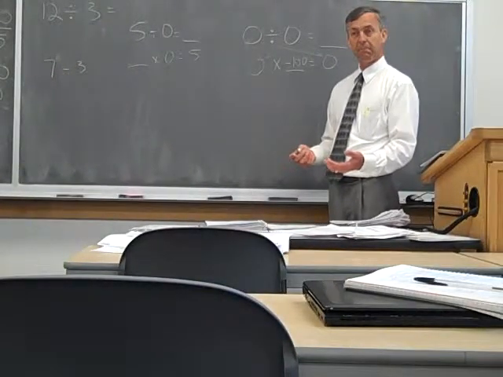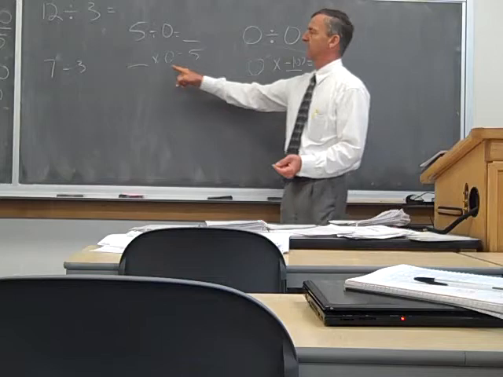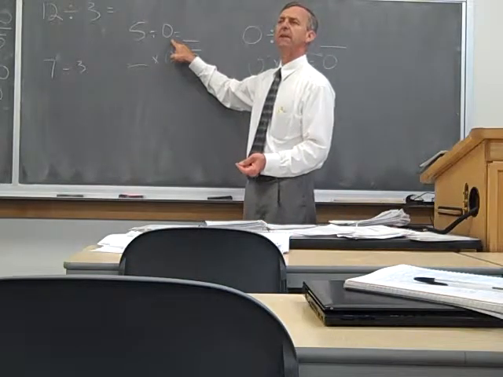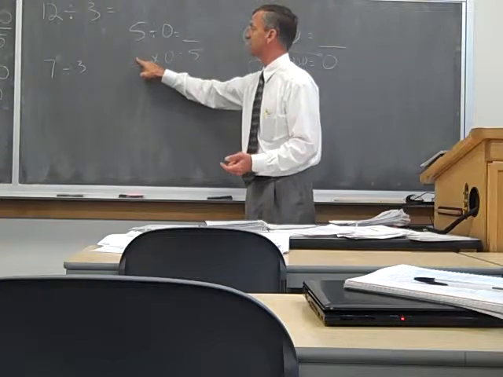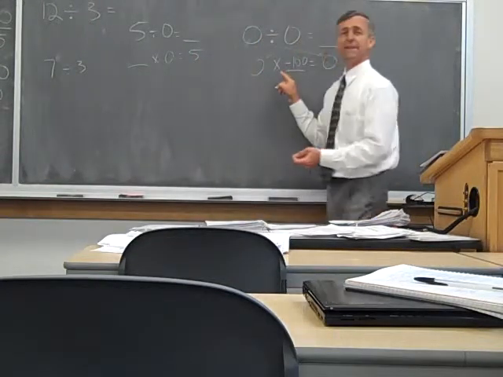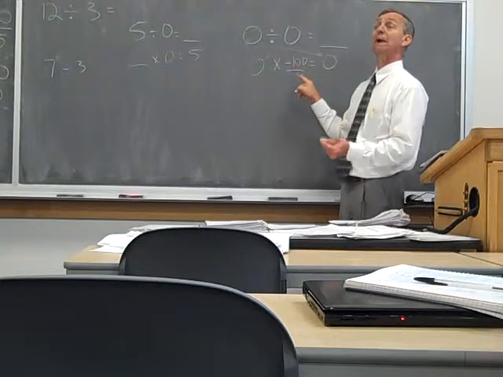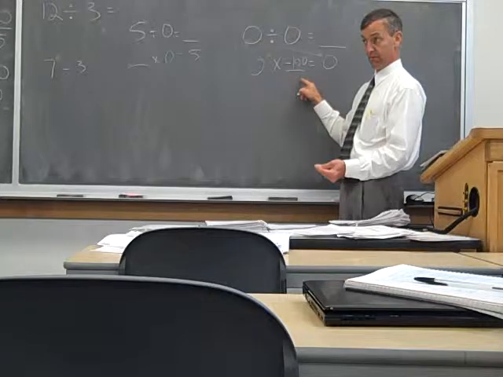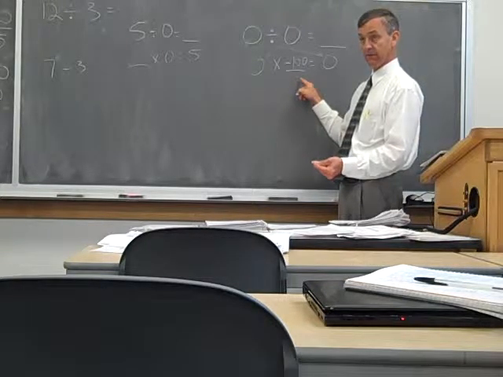Right? This problem here is undefined because there is no such number which I can multiply by 0 to get 5. This one is undefined because there's no single unique number. Does that make sense?